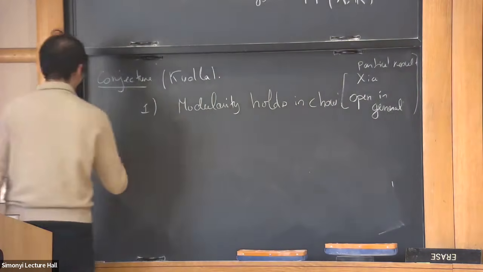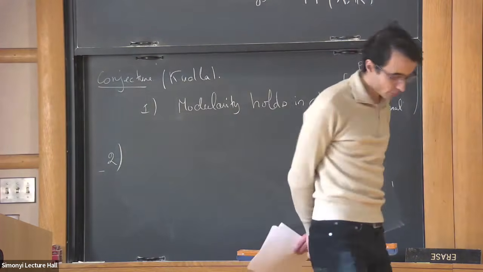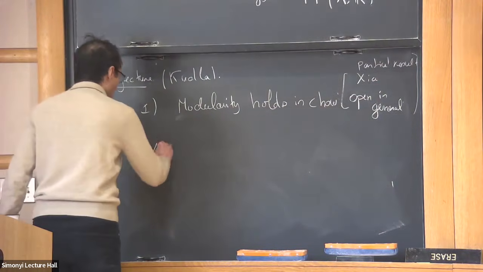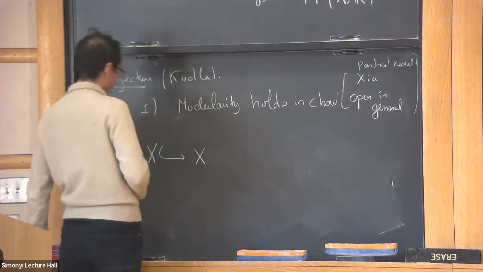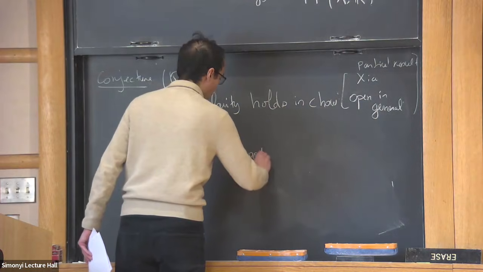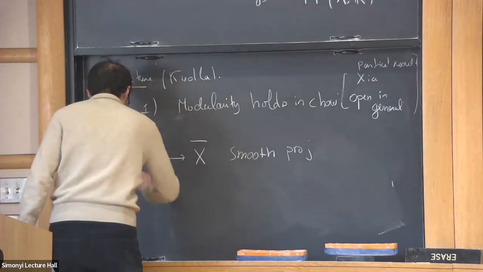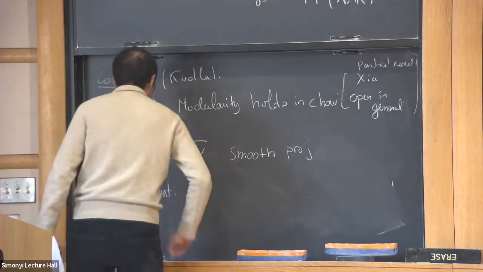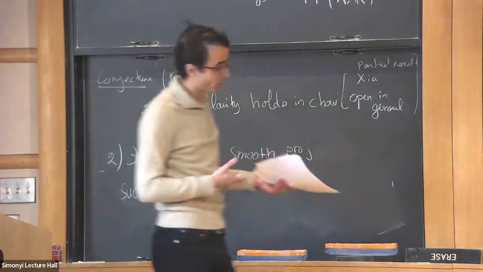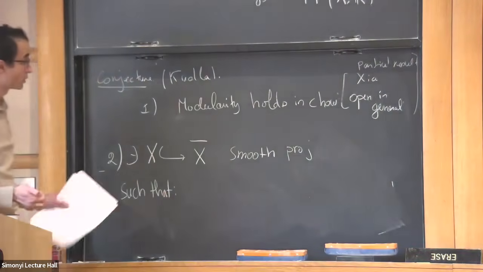And the second one is, well, these unitary Shimura varieties can be non-compact. And then what happens if you take compactifications of this Shimura variety? So the conjecture is that there exists some compactification, which is smooth, projective, such that when you take the Zariski closure of these cycles, there's some way to take a correction by boundary cycles in a way that you restore modularity.